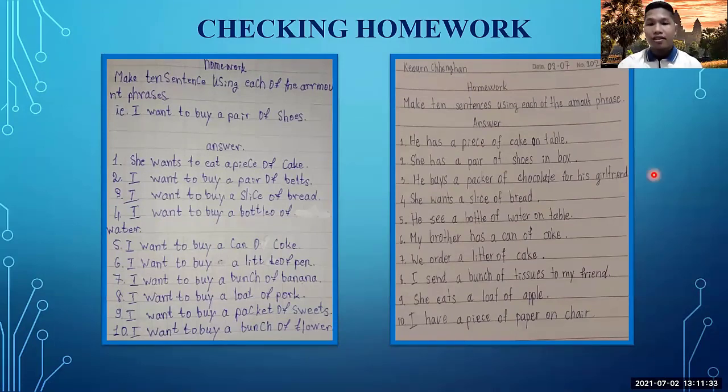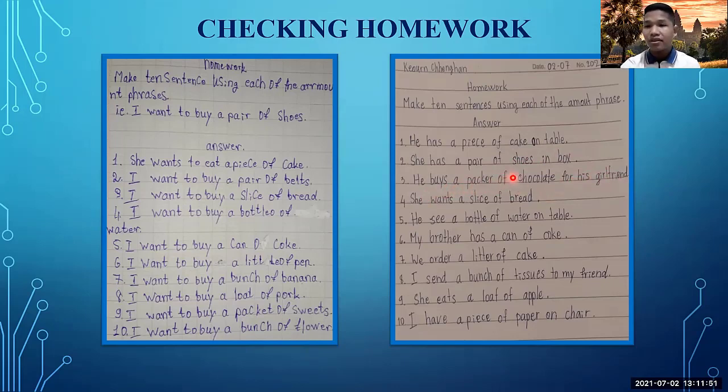The second one is from Chen Han. Number 1: she has a piece of cake on the table, right? Number 2: she has a pair of shoes in the box. He buys a picker of chocolate for his girlfriend.